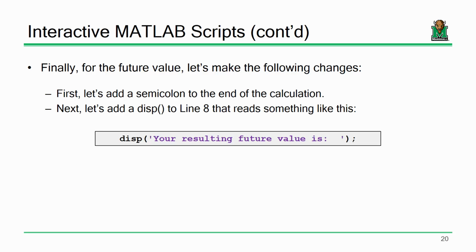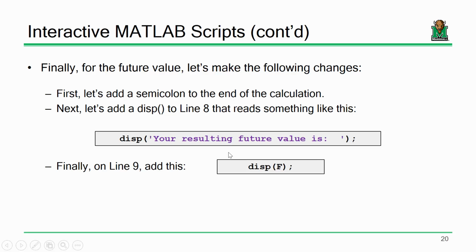Now, you can call on a variable by using the display. Display will put some text on the screen, and you can also have it display more than just some text that's inside the parentheses. You can have it display the result of a variable.